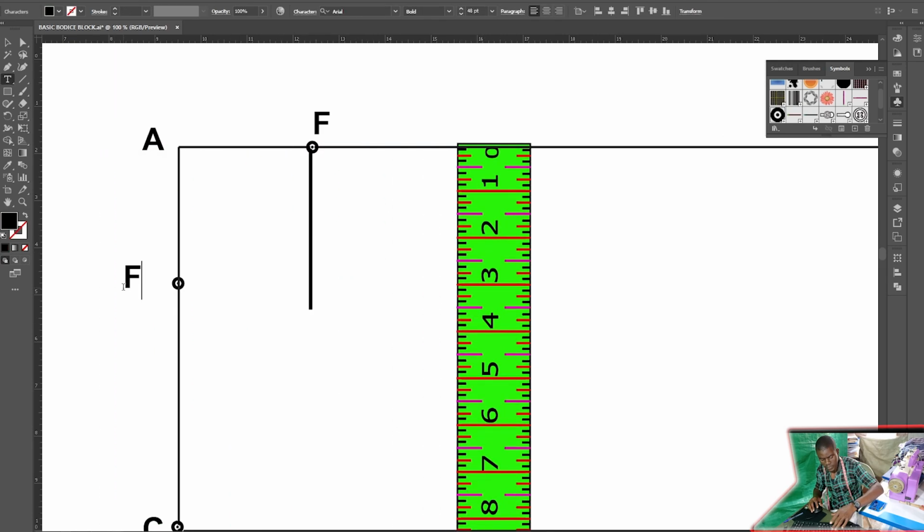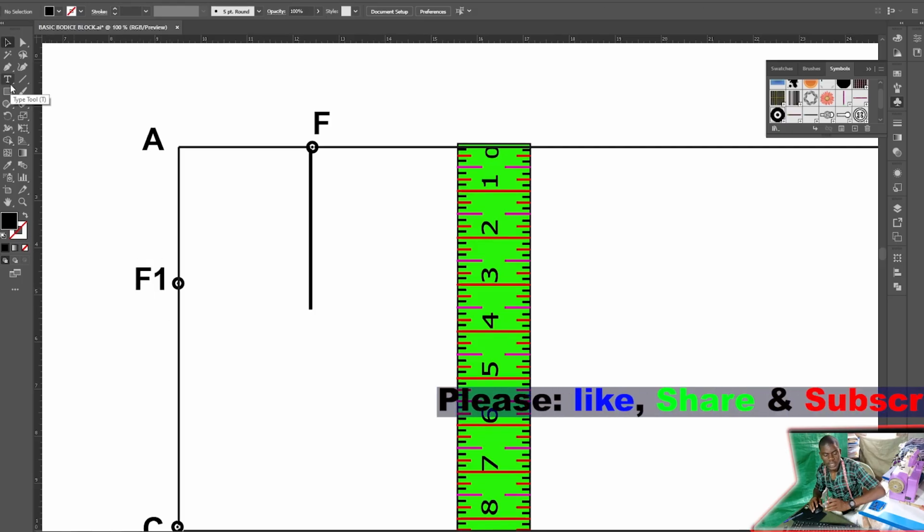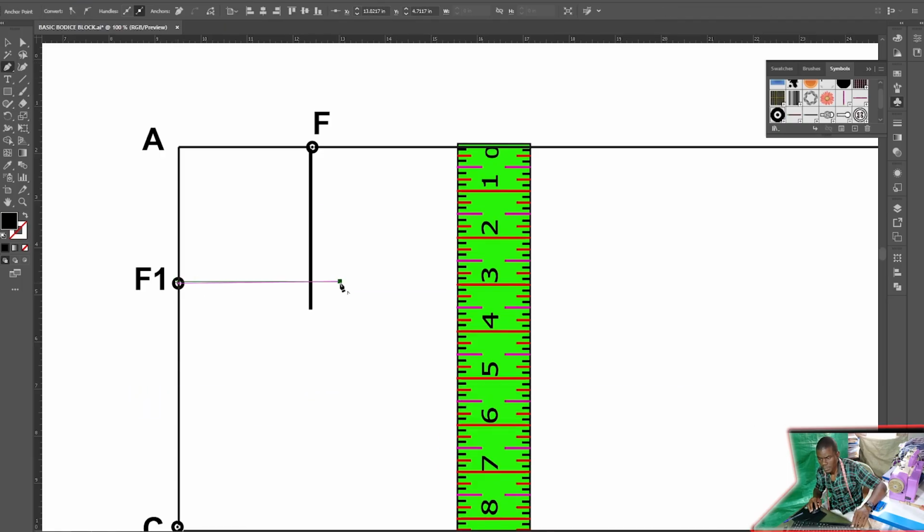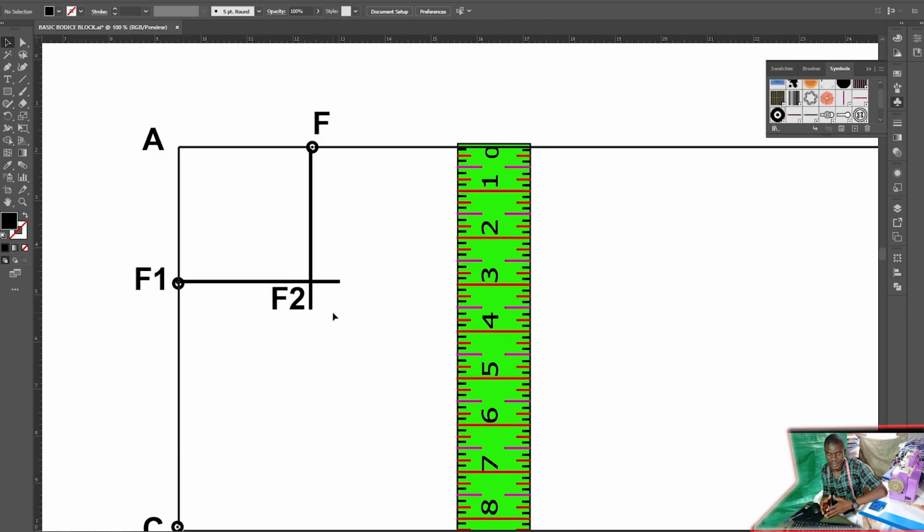So I label this F1, our neck depth. Also square across a mini straight line like this. Now at this point where F intersects with F1, mark there F2. Now we have determined our neck depth and neck width.